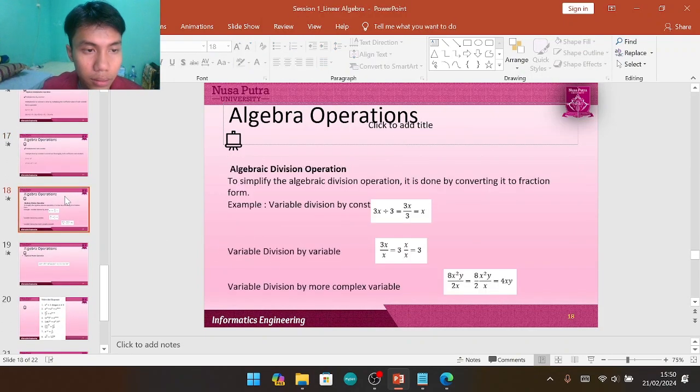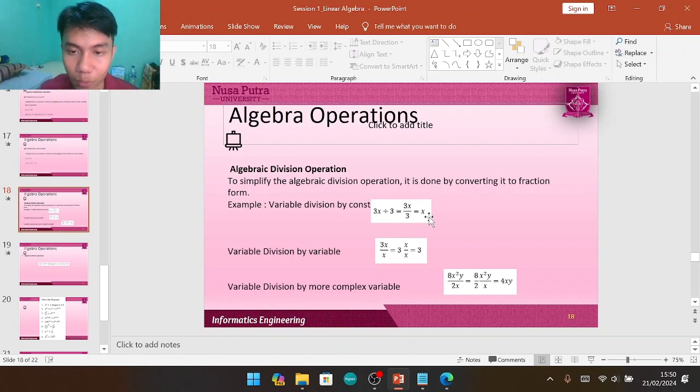Okay, next, algebraic division operation. To simplify the algebraic division operation, it is done by converting it to a fraction. For example, variable division by constant. So there is 3x divided by 3. So it can be 3 by 3, and 3 by 3 is 1.